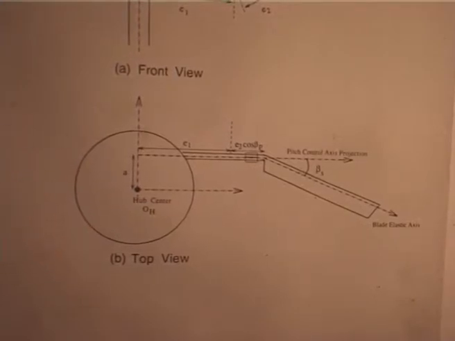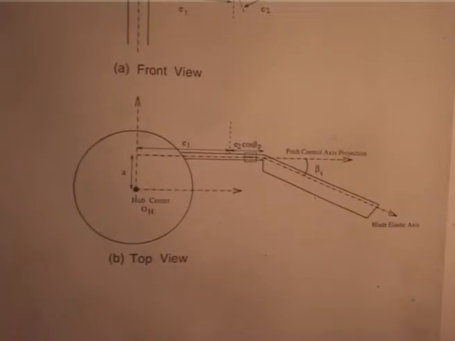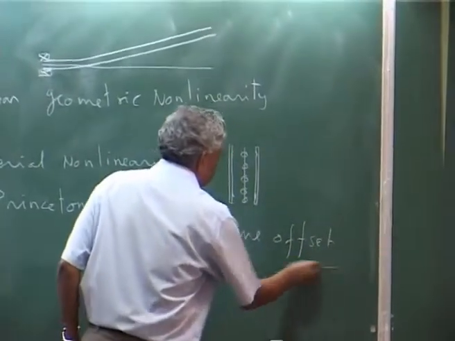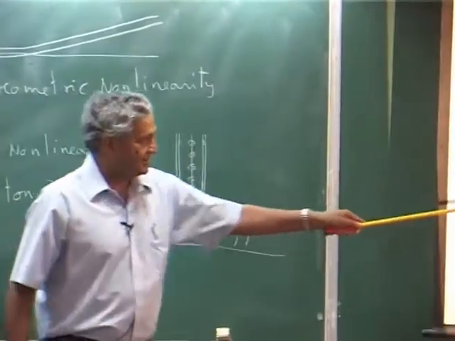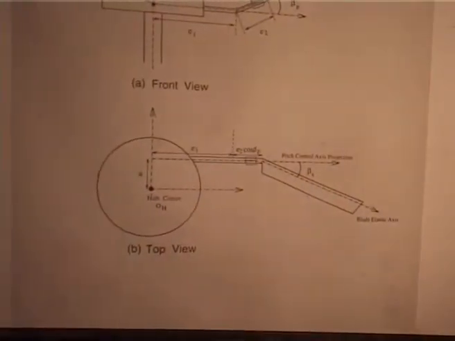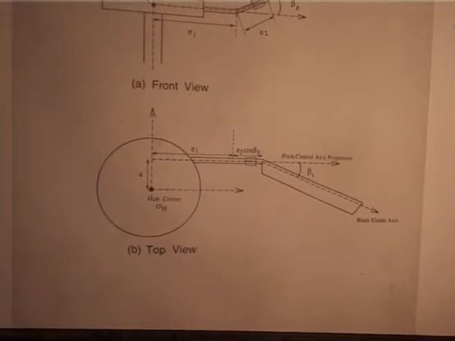This is called torque offset. If you really see what is that distance, that will be about 10 mm. Okay. It is not a lot. Usually it is a very small distance.